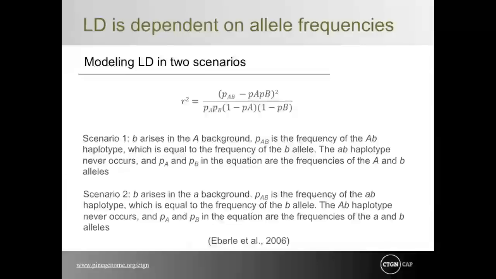In scenario 2, the mutation of uppercase B to lowercase b occurs on a chromosome that bears the lowercase a allele, so that every copy of the lowercase b allele is paired with a lowercase a allele and never with an uppercase A allele. In both scenarios, the mutant alleles, lowercase a and b, are assumed to be the minor alleles, which is to say they have frequencies of less than 0.5 in the population.